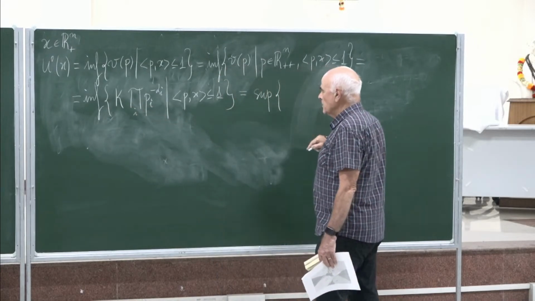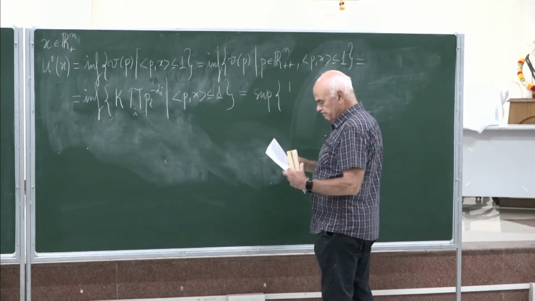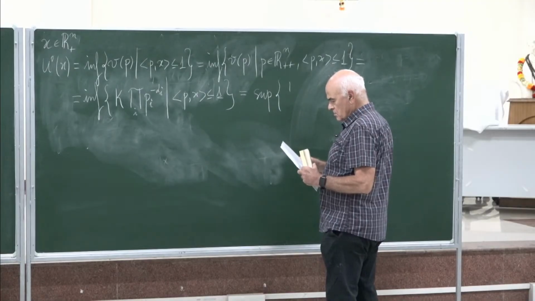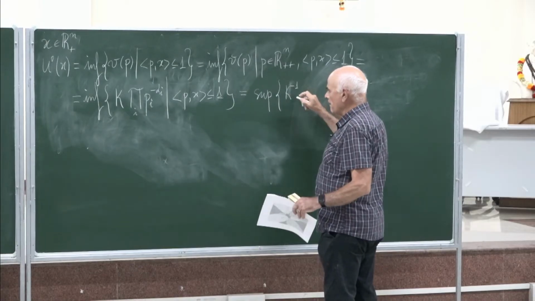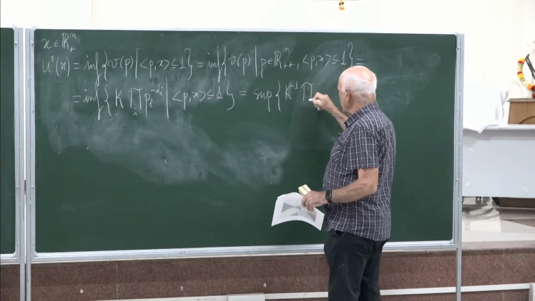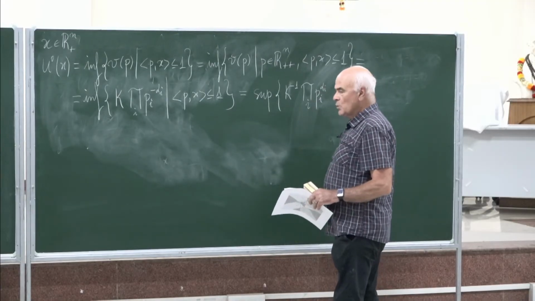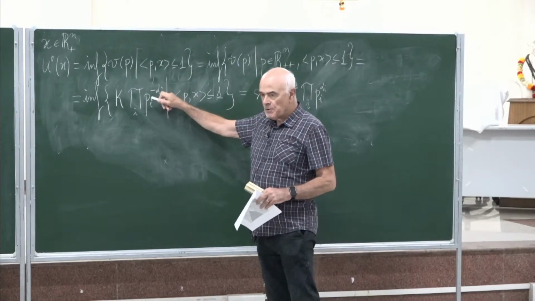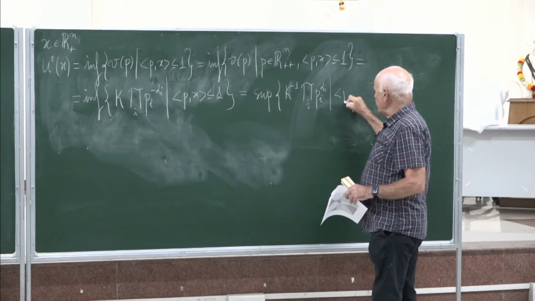So it would be 1 over k, the product of pi to the power alpha i, because it's the reciprocal now, subject to this constraint.